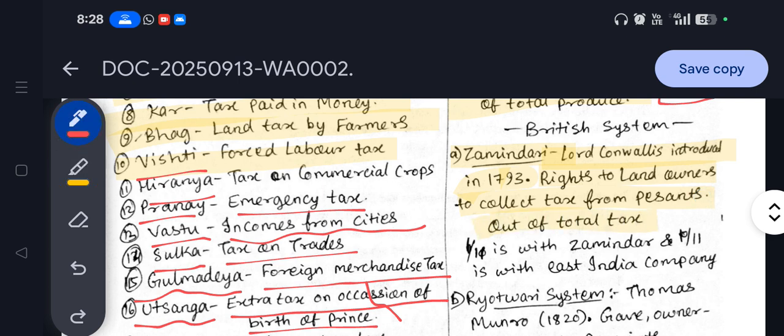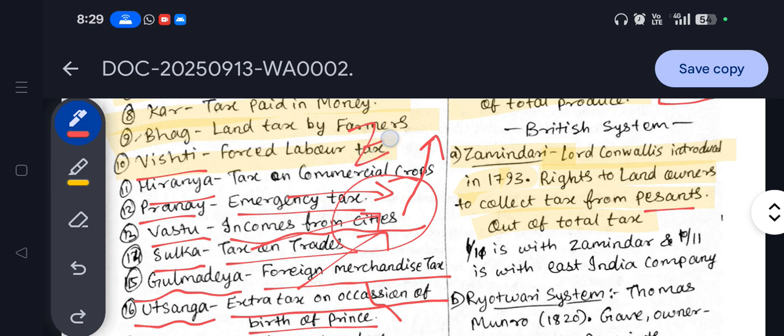So how this system used to work? Initially, if this is the land and there are few workers working over here, and those people who are not landowner but they are working on land as a tenant, they are known as peasants, right? So these peasants, whatever revenue they generate, some portion of that revenue has to be paid to the zamindar.